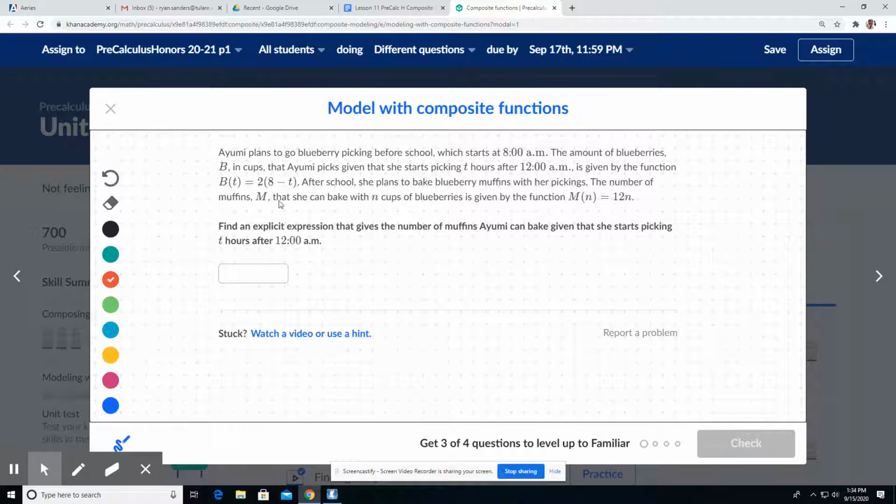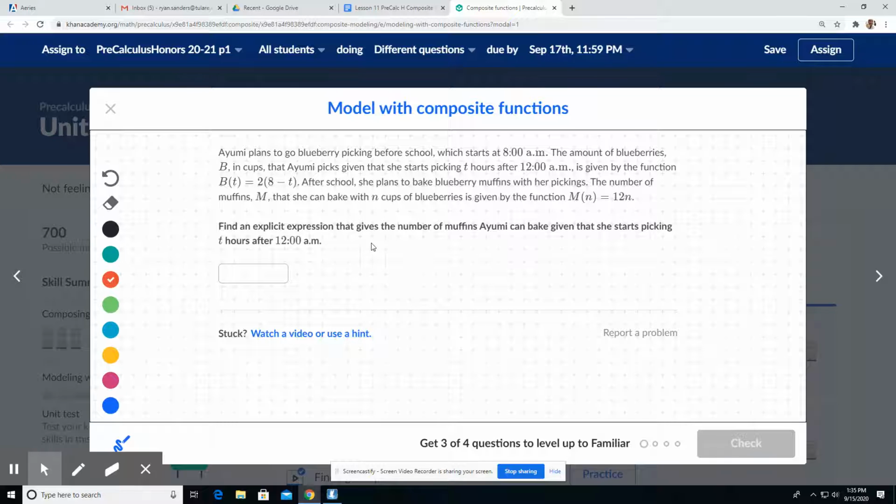The number of muffins M that she can bake with c cups of blueberries is given by this function. Find the explicit expression that gives the number of muffins Yumi can bake given that she starts picking T hours after 12.